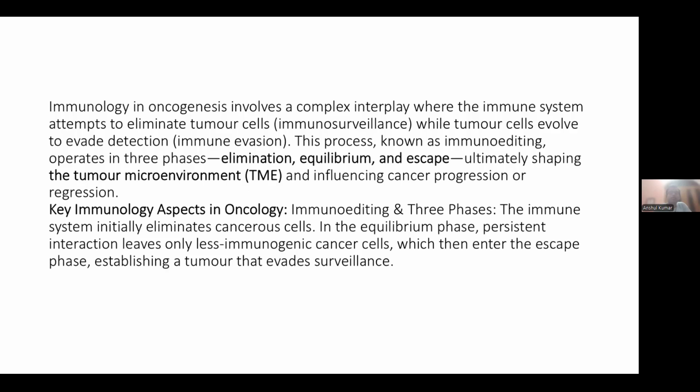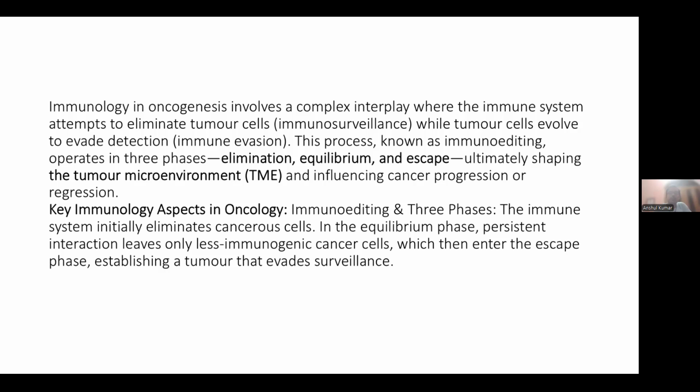Coming to immunology in oncogenesis, it is a complex interplay where the immune system attempts to eliminate tumor cells, that is immunosurveillance, while tumor cells evolve to evade detection, that is immune evasion. So it is basically a hide-and-seek play where immune cells try to destroy.